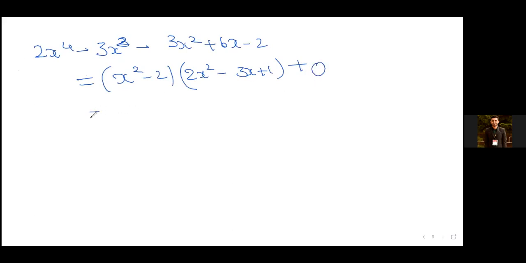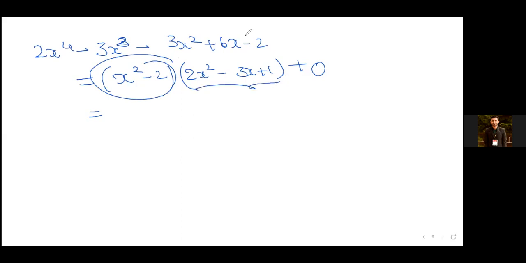The remainder is 0 here. We have already obtained the zeros of this, that is plus square root of 2 and minus square root of 2, right? Now we have to obtain the zeros of this.